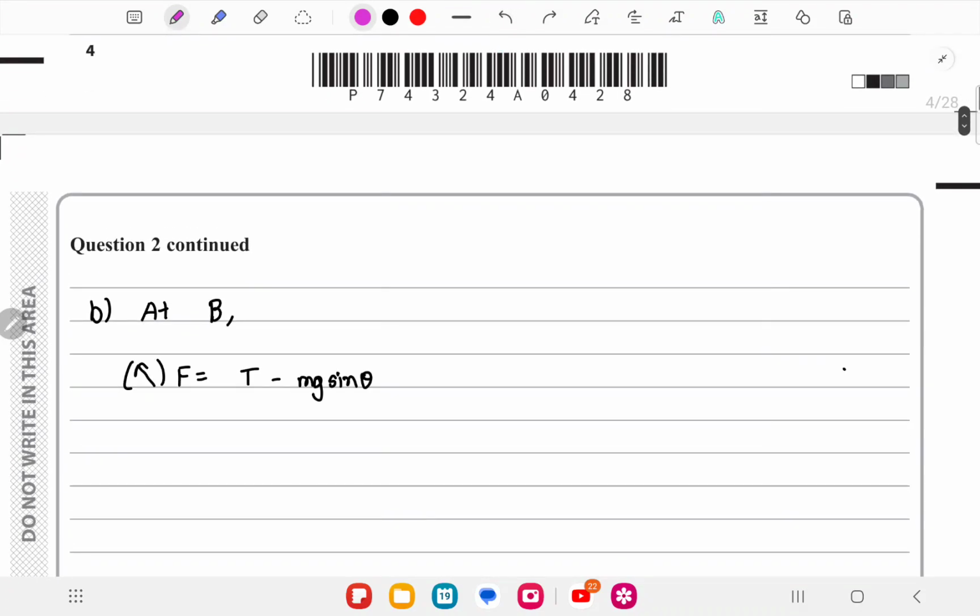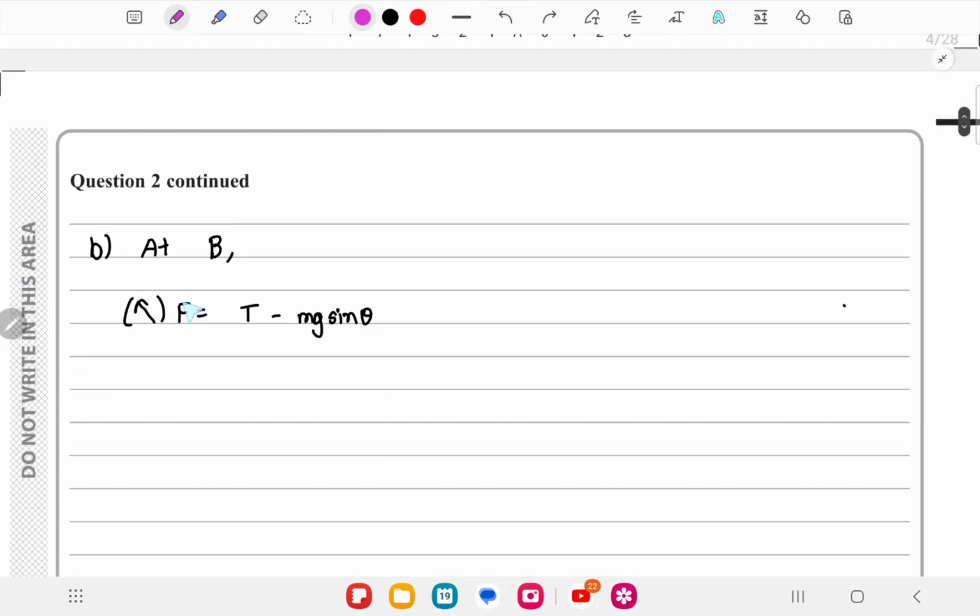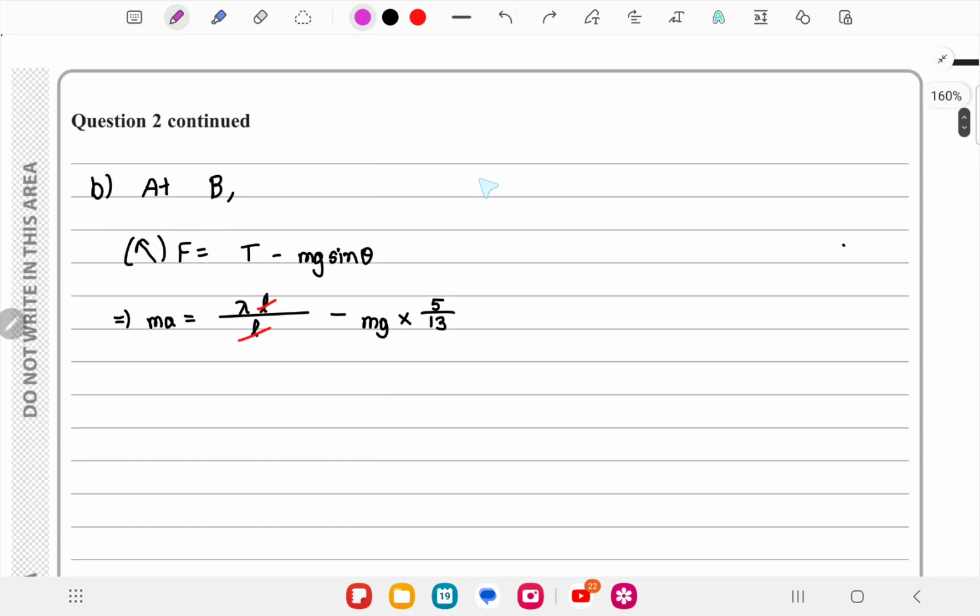So at B, the resultant force F will be T minus mg sine theta. Now tension in this case will be the modulus times the extension divided by the natural length.